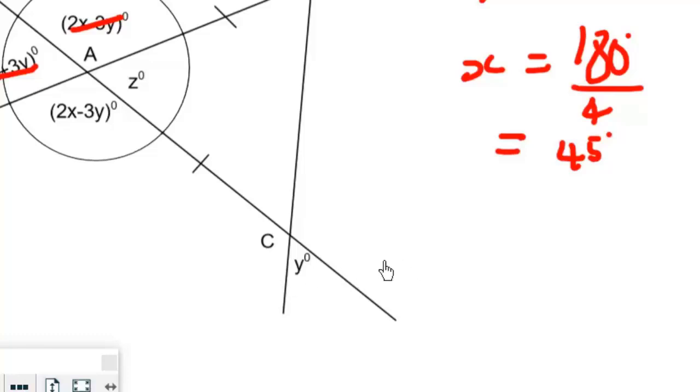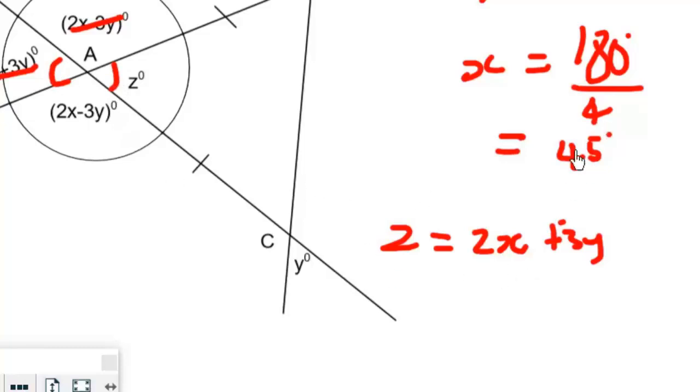Now I'm supposed to find z. I know that z is equal to 2x plus 3y. Why? 2x plus 3y, because these are vertically opposite angles. So vertically opposite angles are equal.